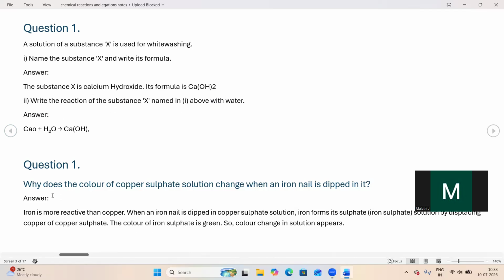Then next, why does the color of copper sulfate solution change when an iron nail is dipped in it? We already saw the experiment: iron is more reactive than copper. So when you dip iron in a copper sulfate solution, iron displaces copper.